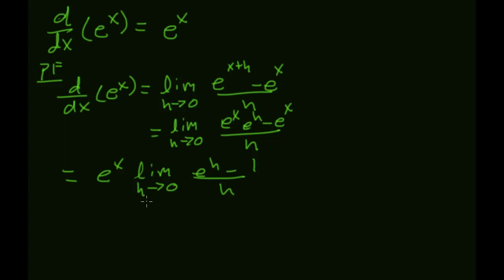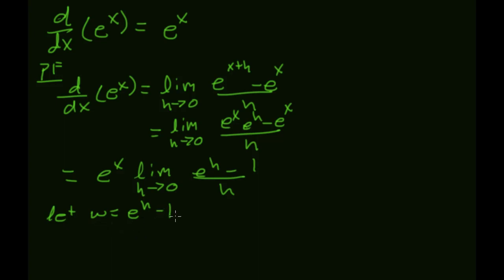Okay, so we're going to play a little game here with a change of variable. Let's let some variable, let's call it w, equal e to the h minus 1.